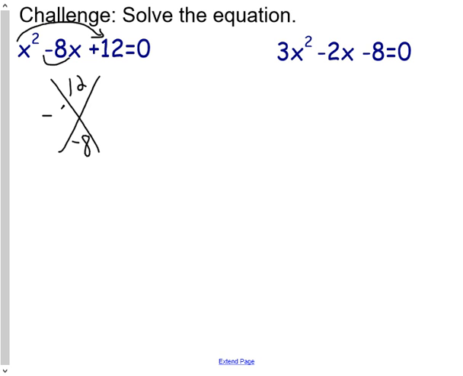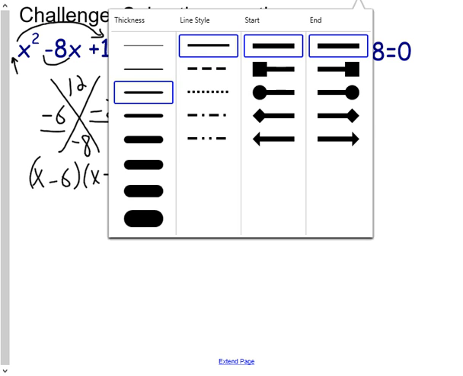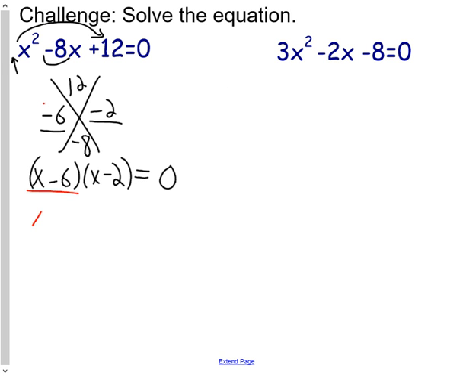They're going to be negative 6 and negative 2, and because it's 1x squared, we can say this is x minus 6 times x minus 2 equals 0. This is where what we've learned today comes into play. Now I can finish this question by setting x minus 6 equals 0 and x minus 2 equals 0, and then solve, right? So this is where it comes into play.